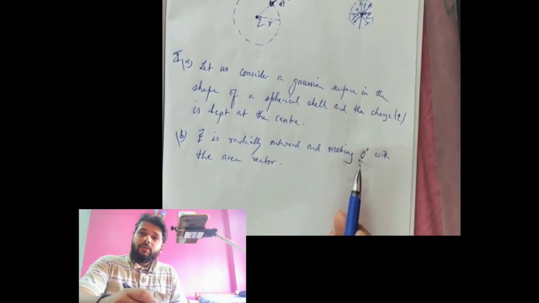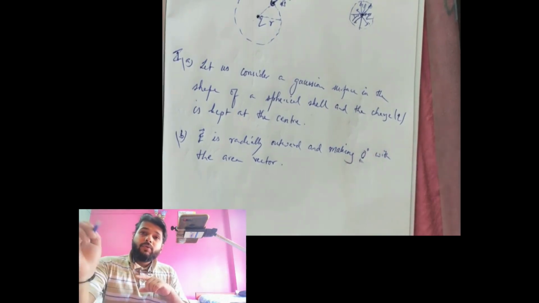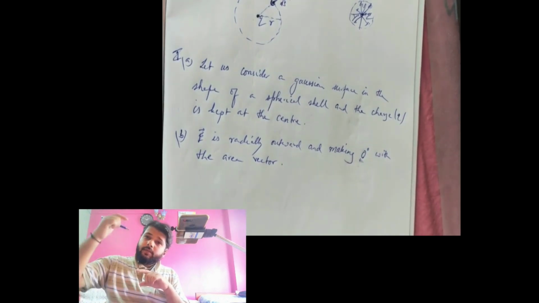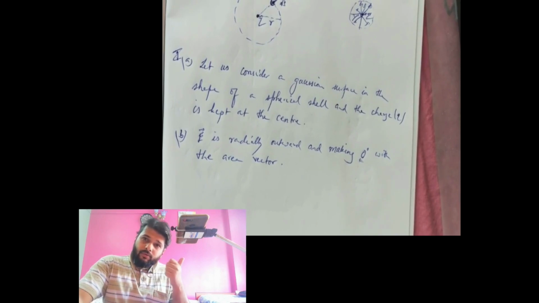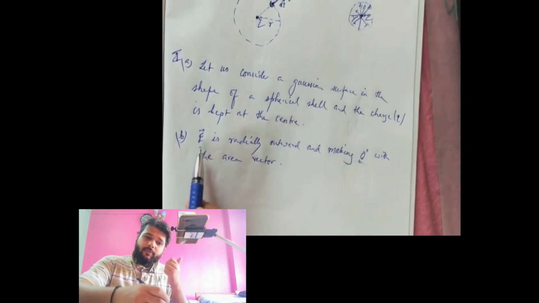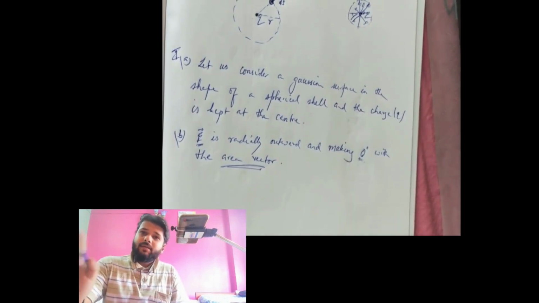Remember the previous class: E A cos theta. What was theta? Theta was the angle between the electric field and the area vector. So this is actually the value of theta. So theta is 0 degree.